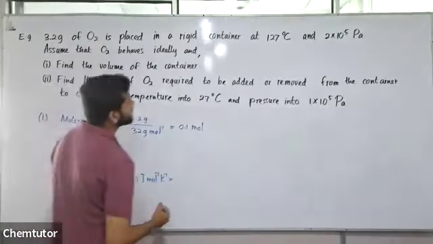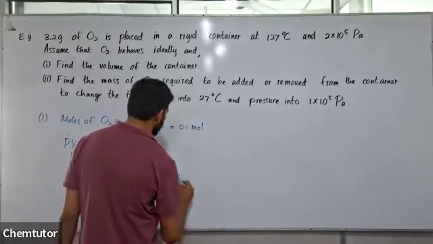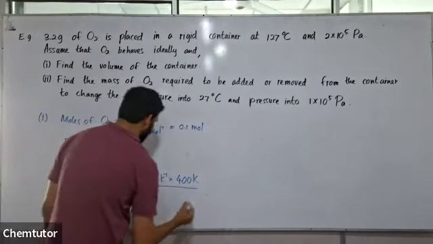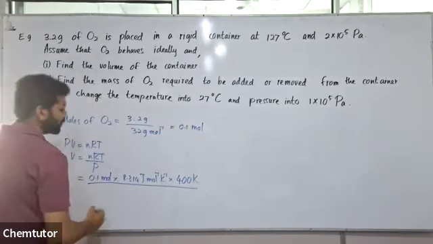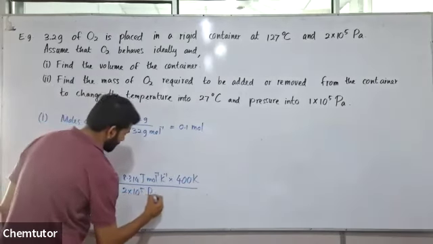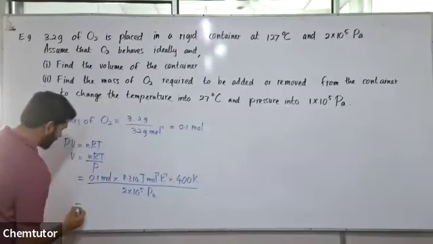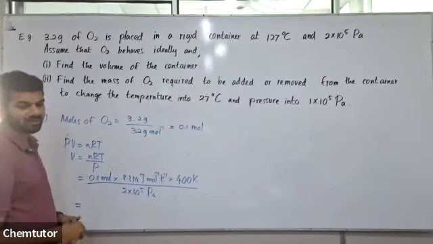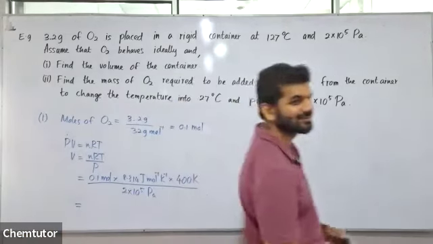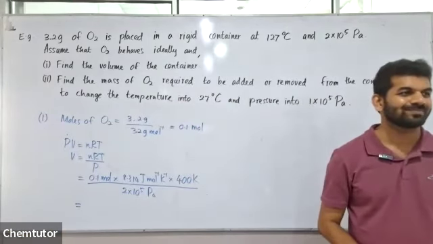And the temperature is 127 degrees Celsius, which means 400 Kelvin. Divided by the pressure, that is 2 into 10 to the power 5 pascals. You can simplify and get the value. Is it 1.6628?